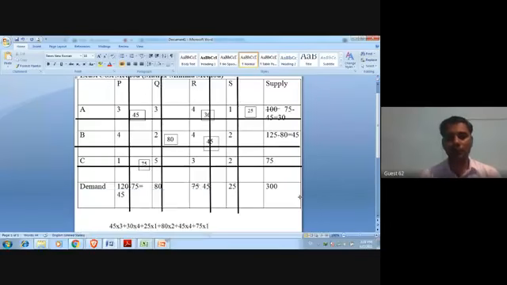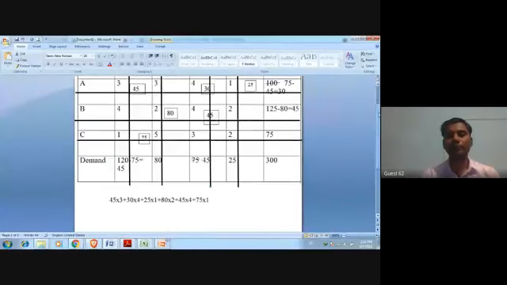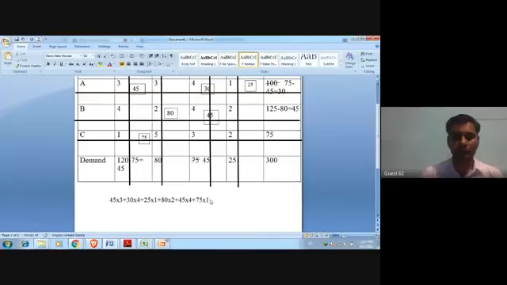No. Is there any cell or column left with allocation? 1, 2, 3, 4, 5, and 6. There are 6 allocations. We have 6 multiplications. Again, we will add these multiplications.